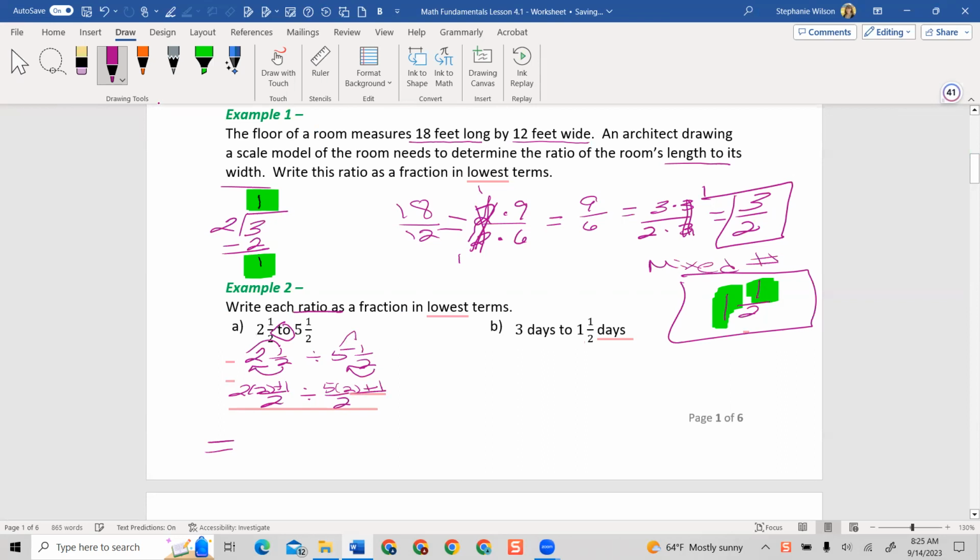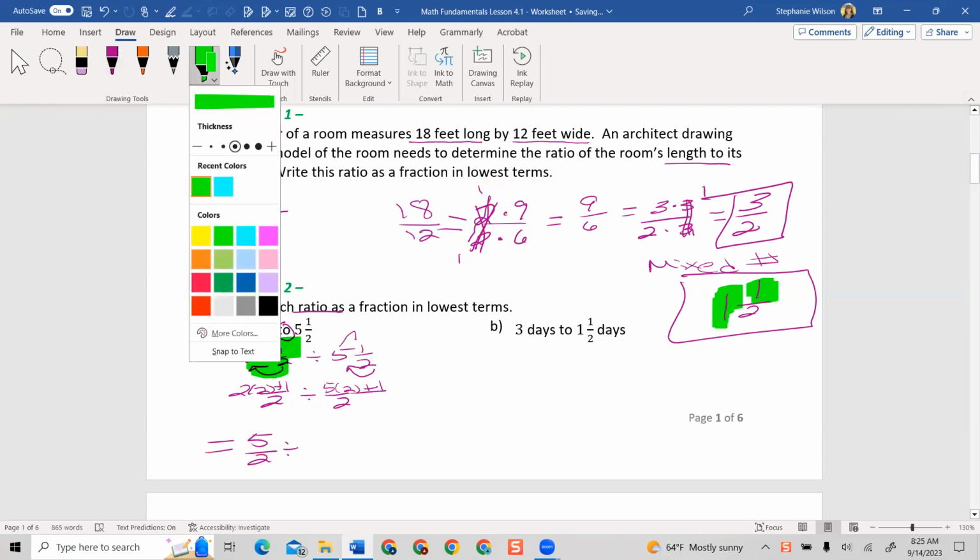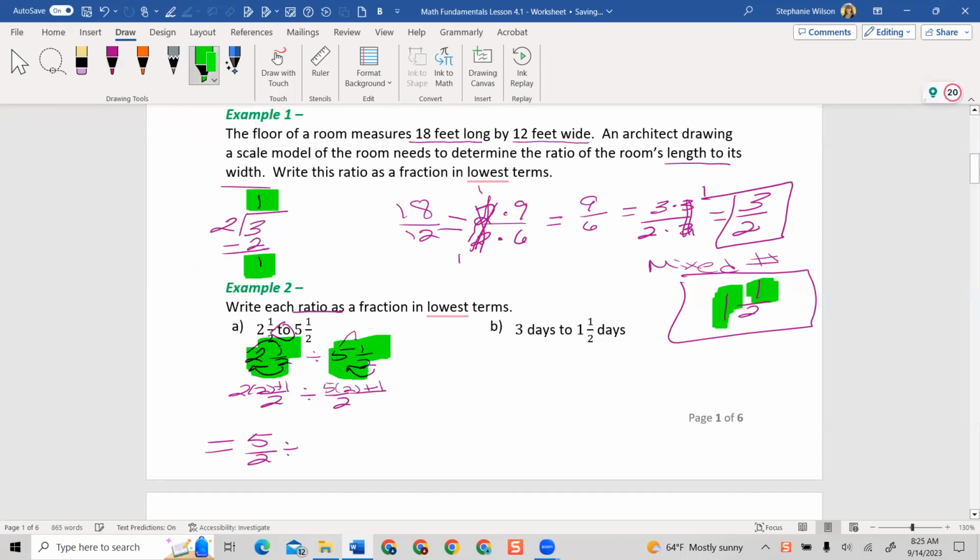So now I have, and let me just do this right quick, 2 times 2 plus 1. So 2 times 2 is 4 plus 1 is 5. And then this one over here gives me 2 times 5 plus 1. 2 times 5 is 10 plus 1 is 11.